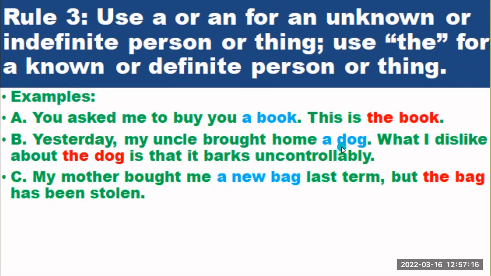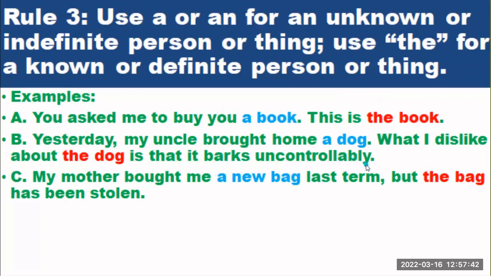Now that the dog is already known to the speaker and the listener, then you can use the definite article because it's now specific. What I dislike about the dog, which dog? The dog that my uncle brought home, all right, yesterday. What I dislike about the dog is that it barks uncontrollably.